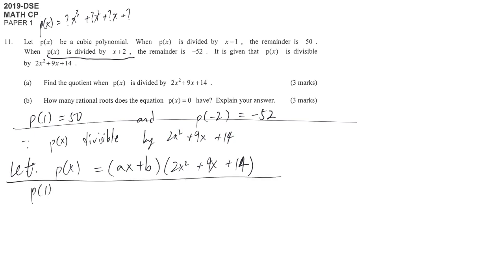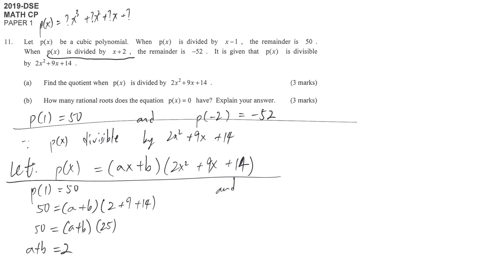So go back to P(1) equal to 50. 50 is equal to, replacing every x by 1, (a plus b) times (2 plus 9 plus 14). This will give you 25. Both sides divided by 25, a plus b itself is equal to 2. And also, P(-2) is equal to negative 52. So again, using the original function, replace every x by negative 2.